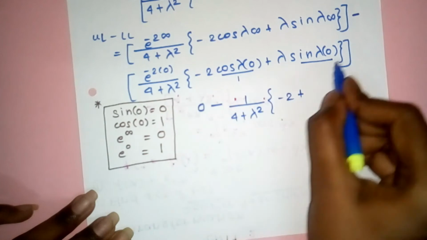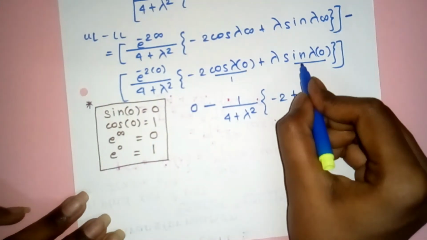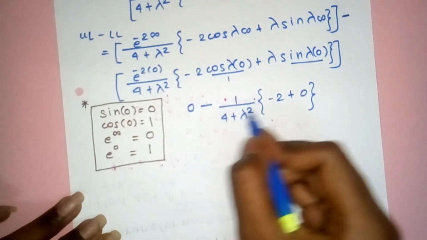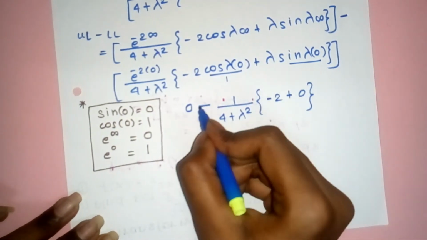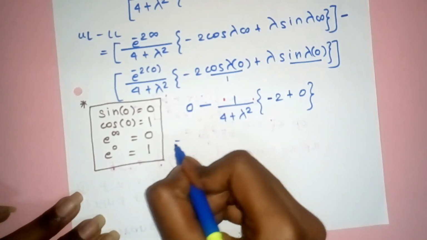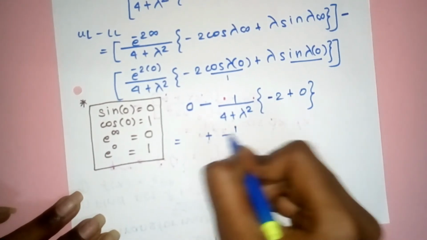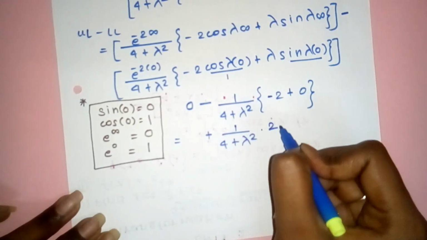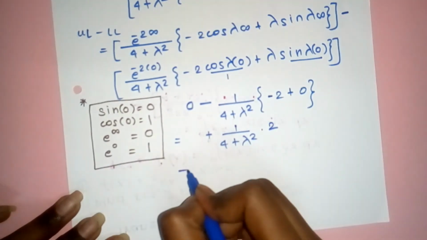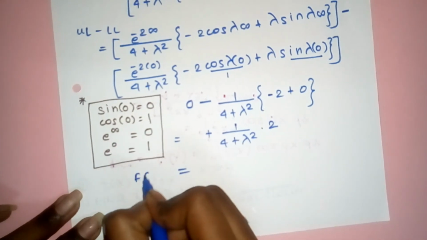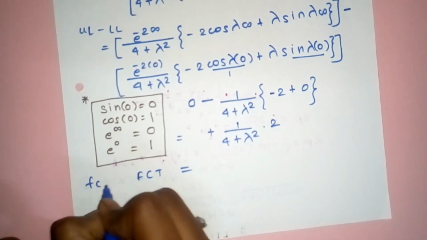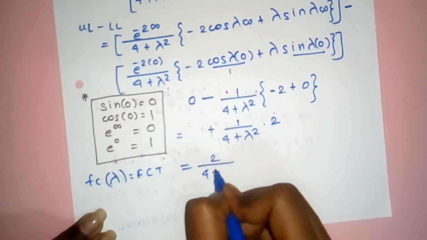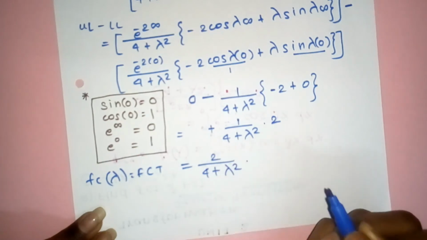Sine 0 is 0, so this entire term becomes 0 because anything multiplied by 0 will become 0. Then we are left with minus, and minus becomes plus. So it equals plus 1 upon 4 plus lambda square into 2. So 2 gets multiplied, and the answer, that is the FCT or FC of lambda, will become 2 upon 4 plus lambda square. So this is the answer.